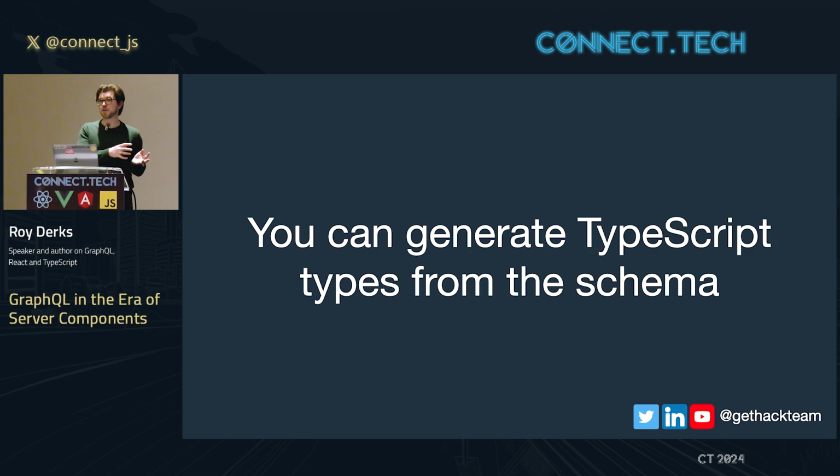It's a nice thing to have, but it shouldn't be your reason for using GraphQL. But once you're on the GraphQL train, you should definitely generate your TypeScript types from the schema. I personally really like typed languages or having some sort of type checking in my code. So TypeScript really helps with this, whatever front-end framework you might be using.